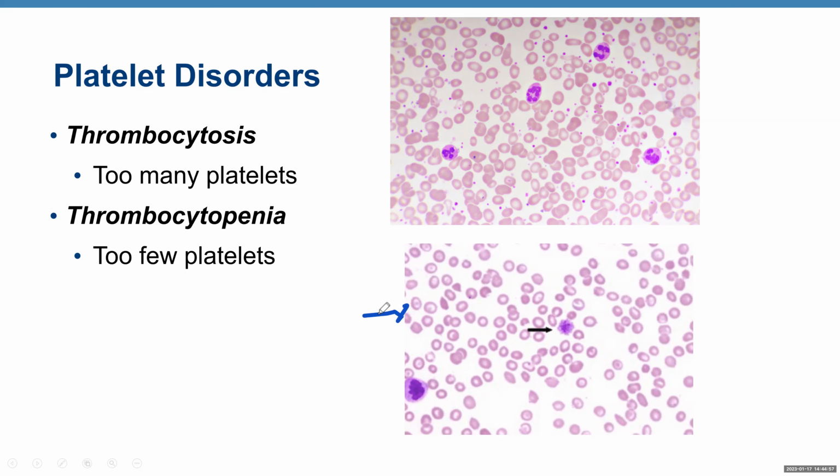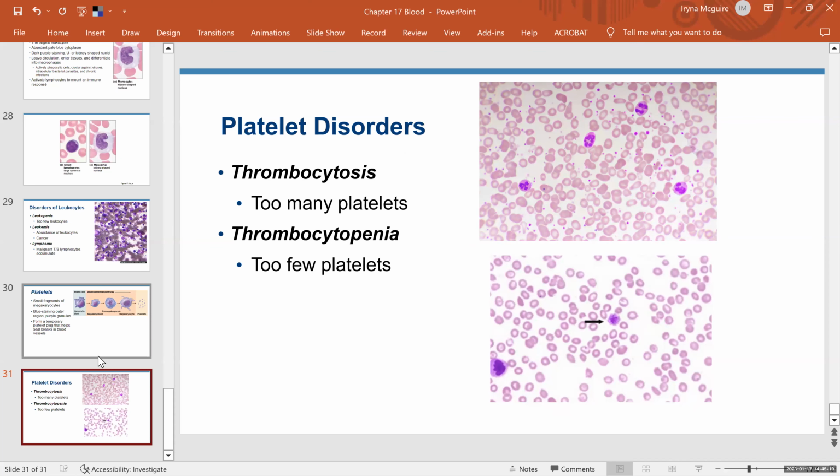Now go ahead and look at this blood smear, and I see one here, maybe one over there, maybe one here, and that's about it. So if you compare two slides, you will see too many or too few platelets, and neither one is good for your health. And this is the last slide.